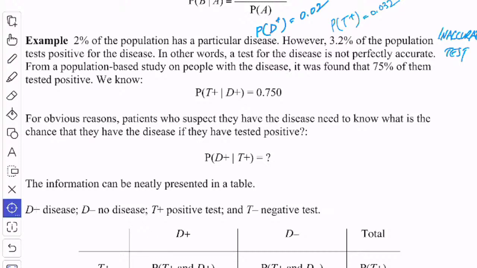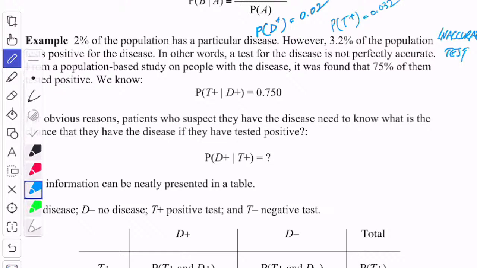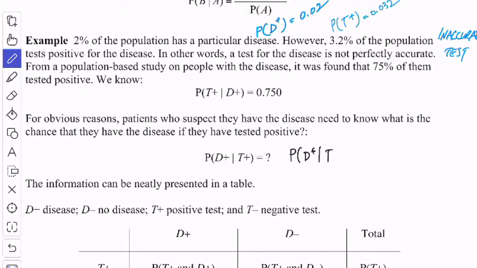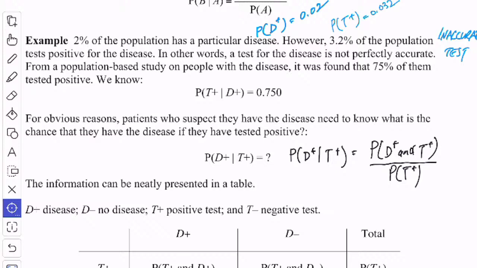I know that the probability of having the disease given a positive test is equal to the probability of having both a positive test result and having the disease, over the probability of testing positive. This is from our understanding of conditional probabilities.